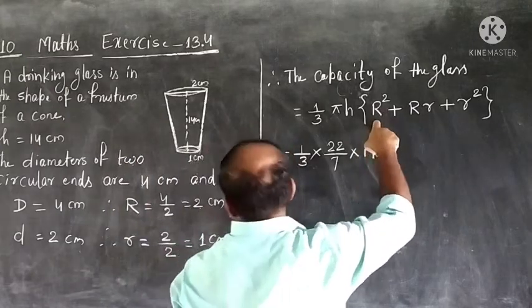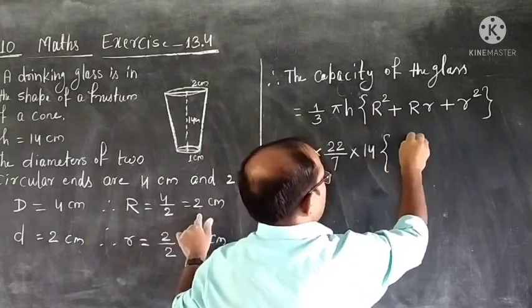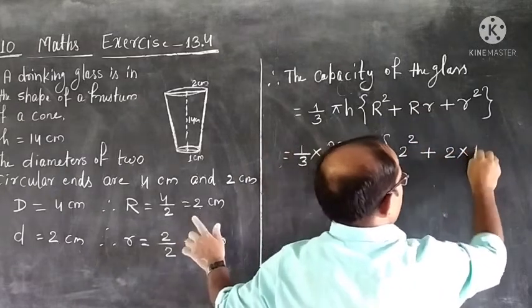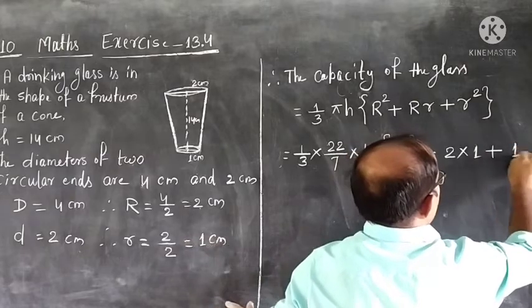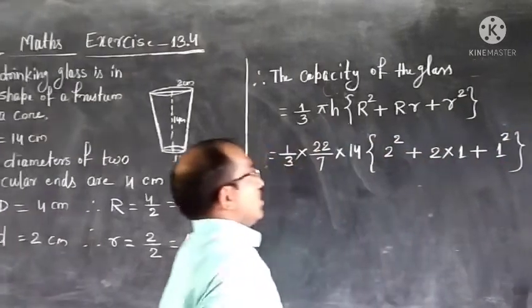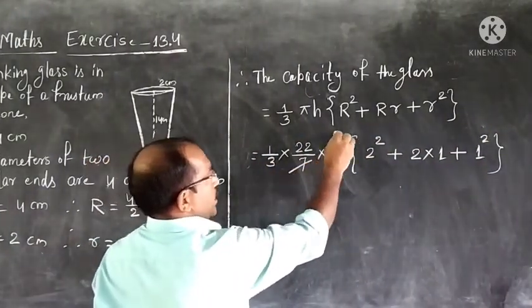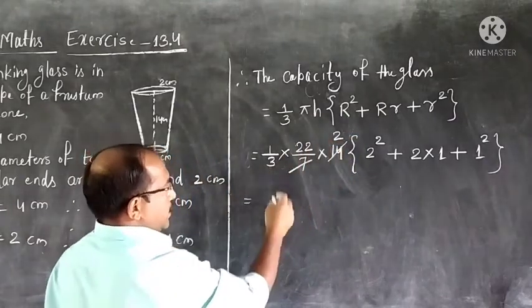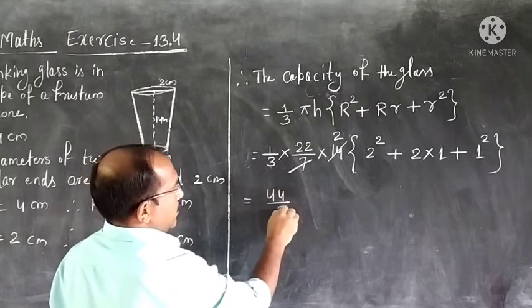Then bigger end radius 2, so 2 square. Bigger radius into smaller radius, 2 into 1, plus smaller radius square. Wherever possible to cut, we will cut. 2 7s are 14, 22 into 2 by 3, so 44 by 3.